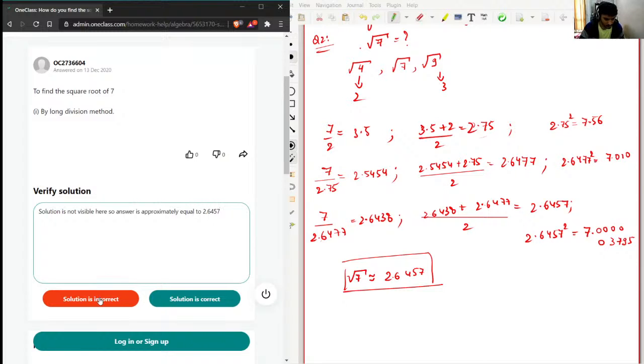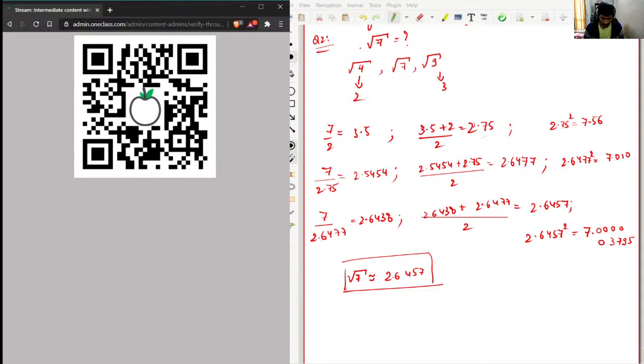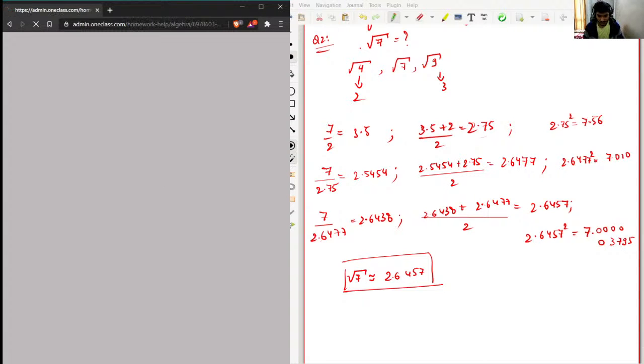And I'll just say that the solution is incorrect because nothing is visible here. And we'll go for our question number 3.